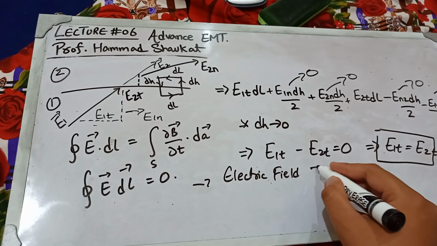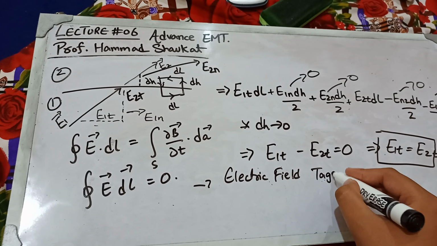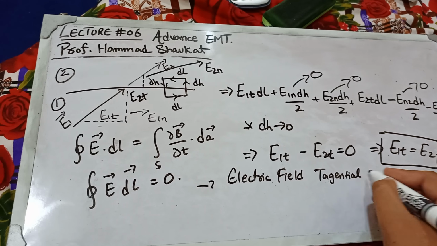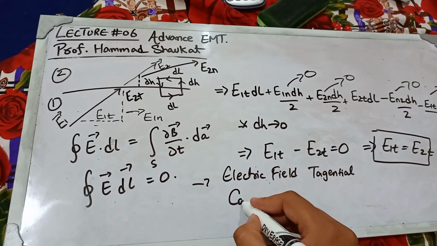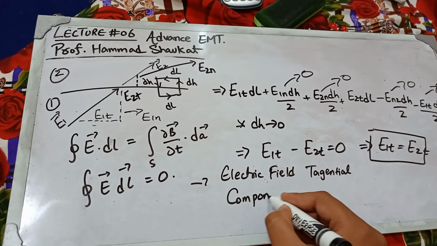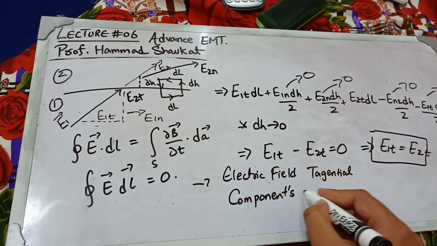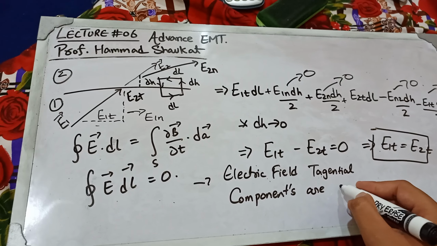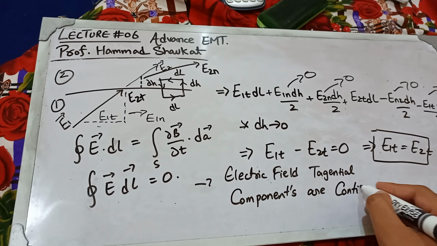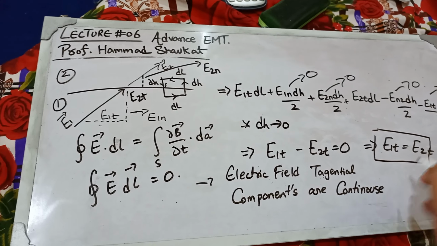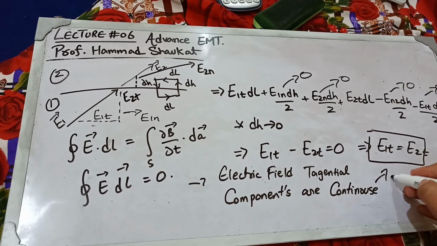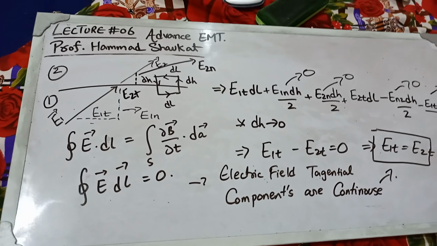Electric field tangential components are continuous. Why continuous? Because we showed the results, they are equal.